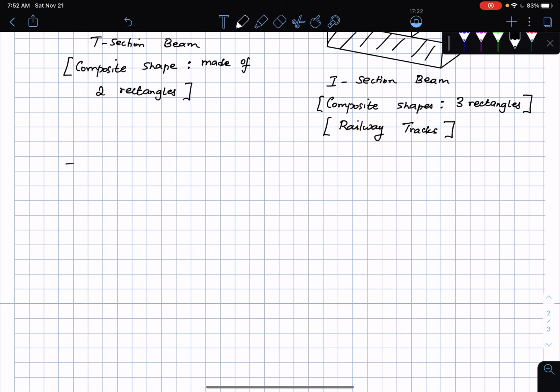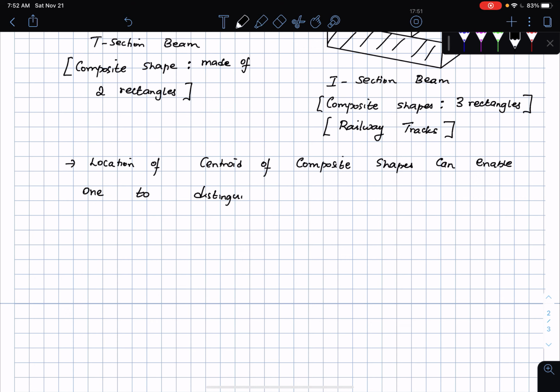The location of the centroid of composite shapes can enable one, from the point of view of stress analysis, to distinguish between states of compressive versus tensile stresses.